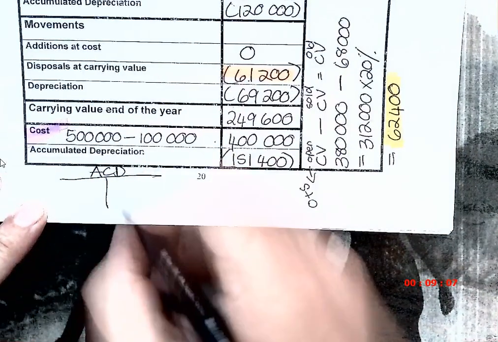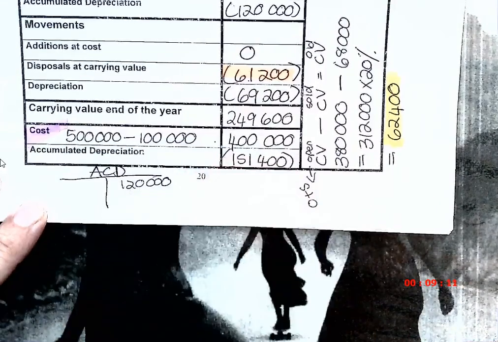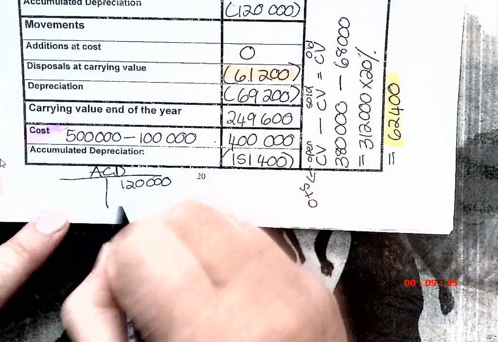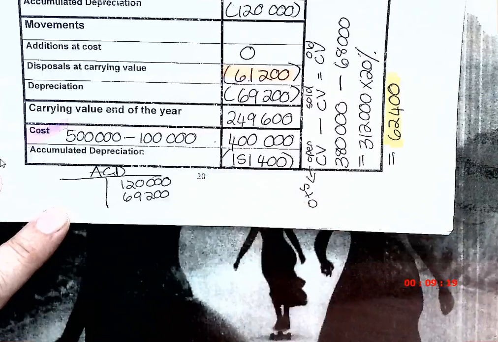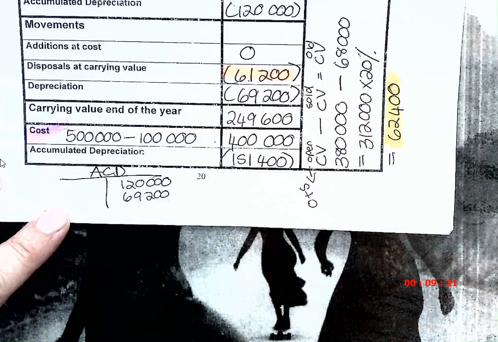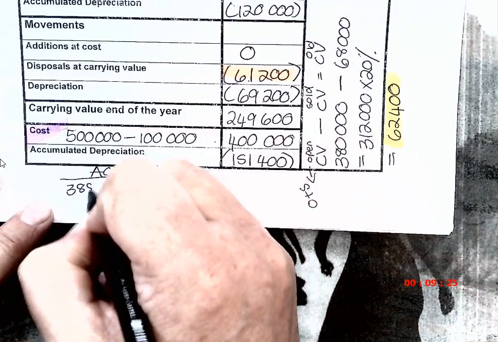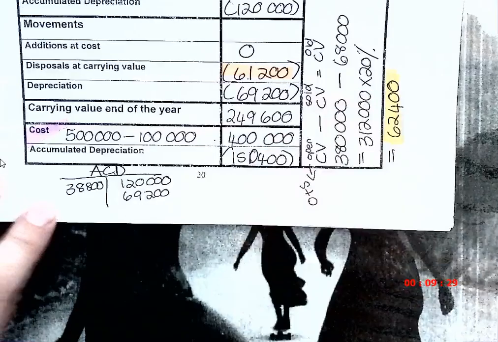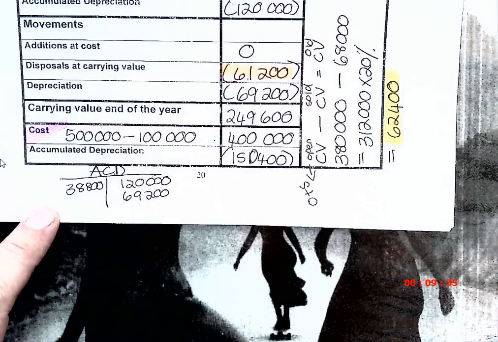where I have my opening of 120. Ne? You still with me? My depreciation is 69.2. What did I take out of the accumulated? The asset disposal. That one is supposed to be at 0. Can you see if you do it that way, you're supposed to get the same answer. It doesn't look like it's going to be the same.